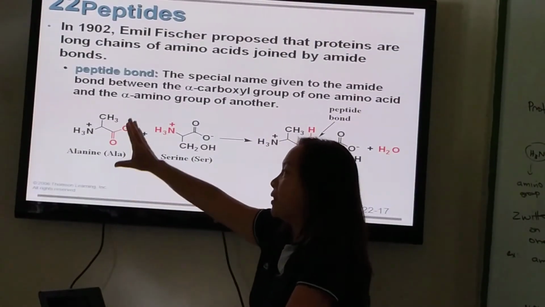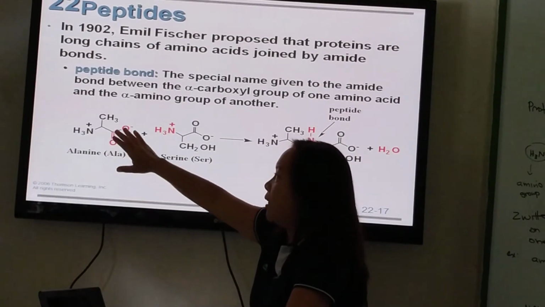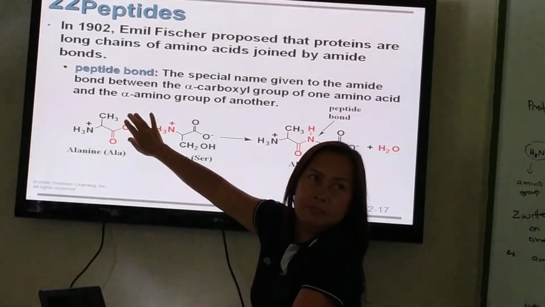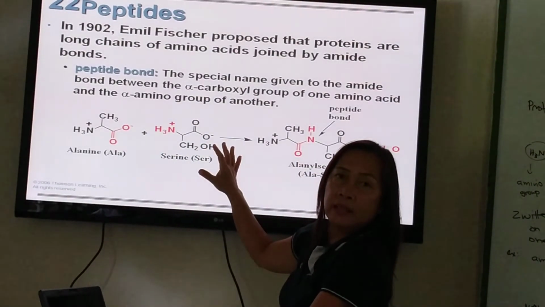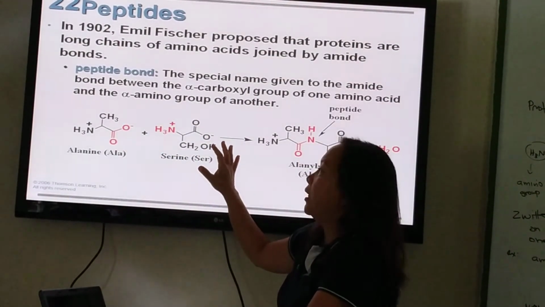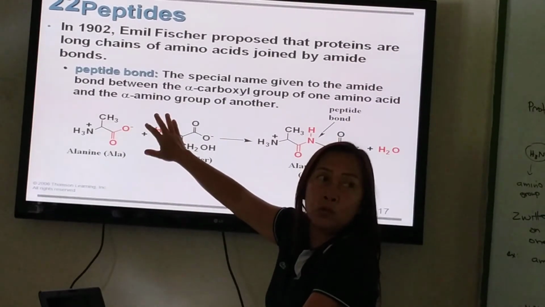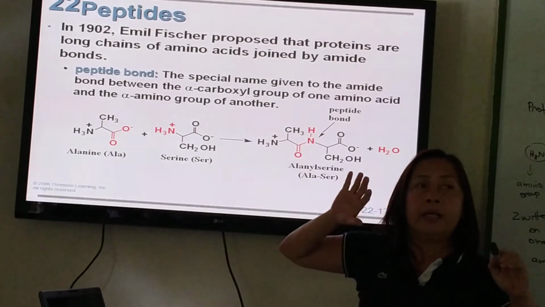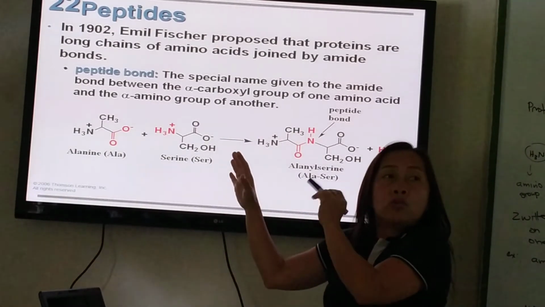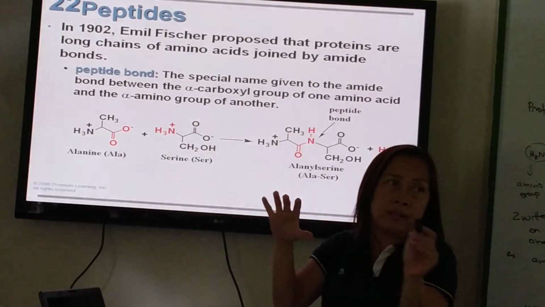For the first amino acid, the site is the carboxyl group. On the second amino acid, the site of the peptide bond is the amino group. So it is the carboxyl of the first amino acid and the amino group of the second amino acid.